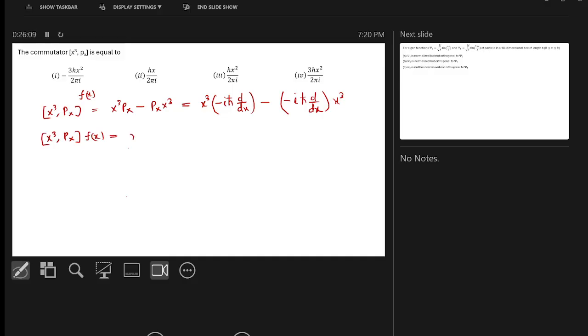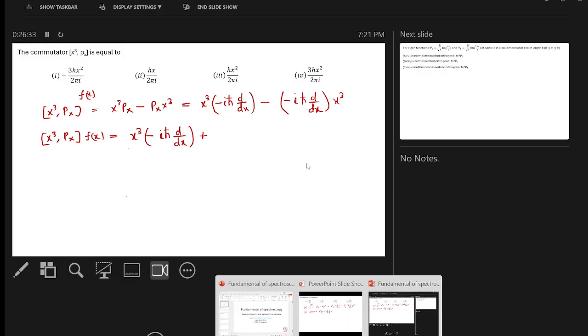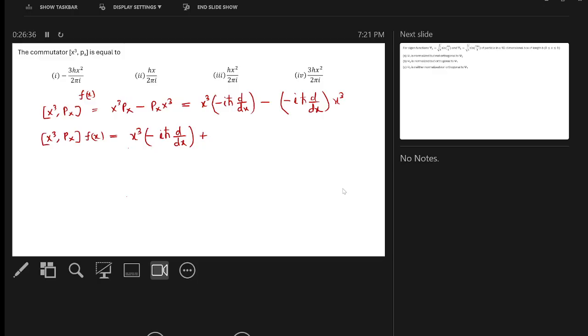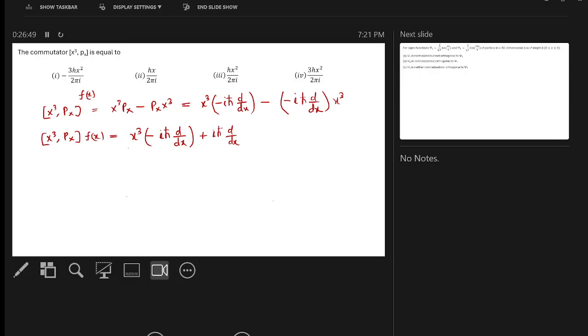I'll directly write this: x cube times minus i h cross d by dx, minus, px acting on x cube f(x).